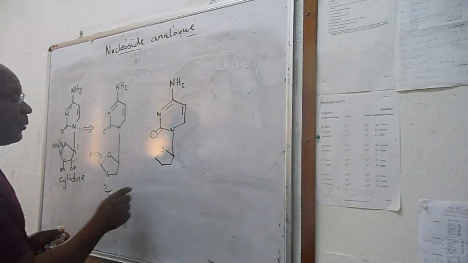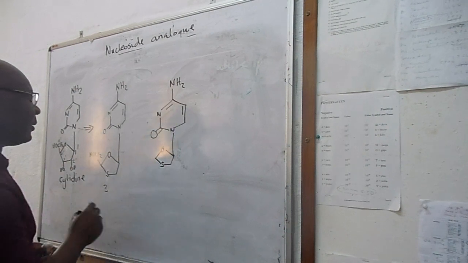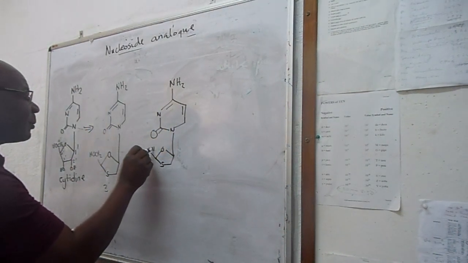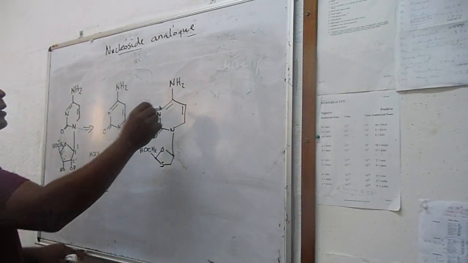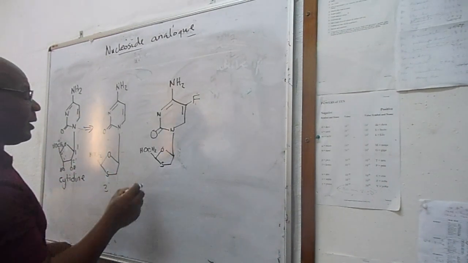Okay, so here we have sulfur. Here we have CH2 dioxide. And then we have introduced fluorine there.